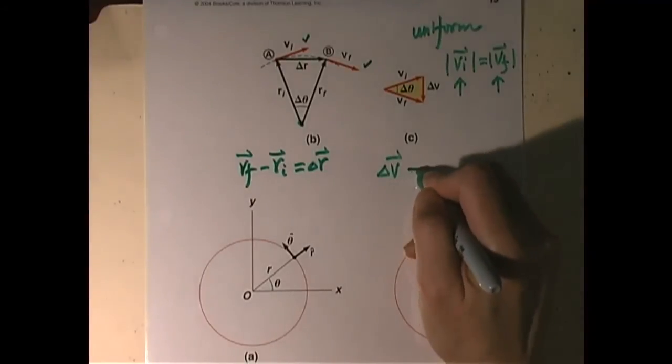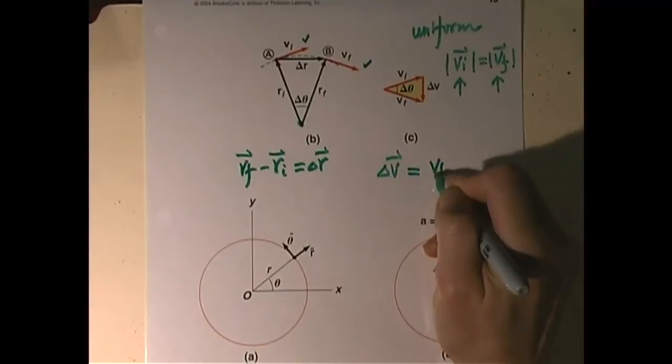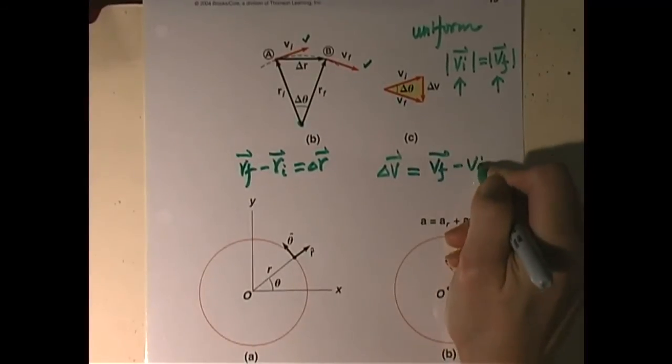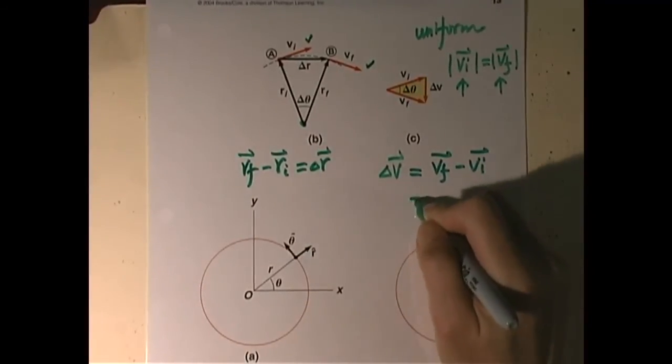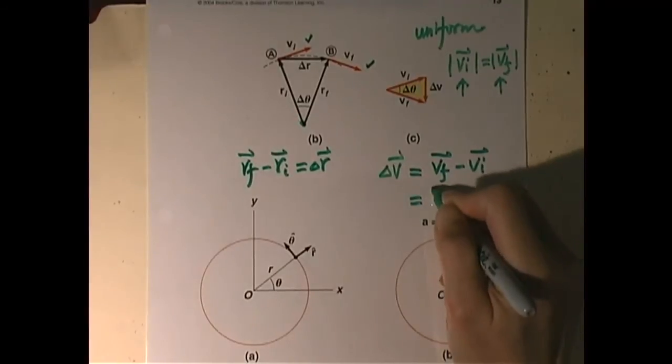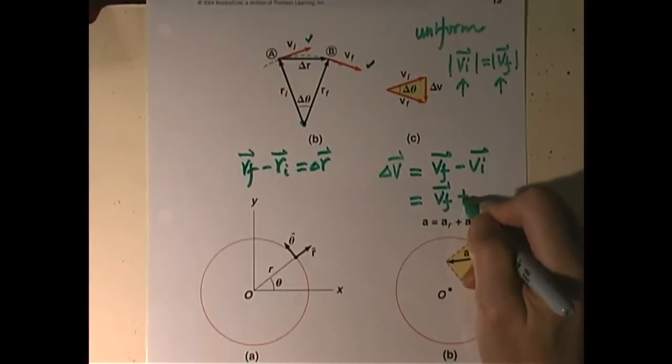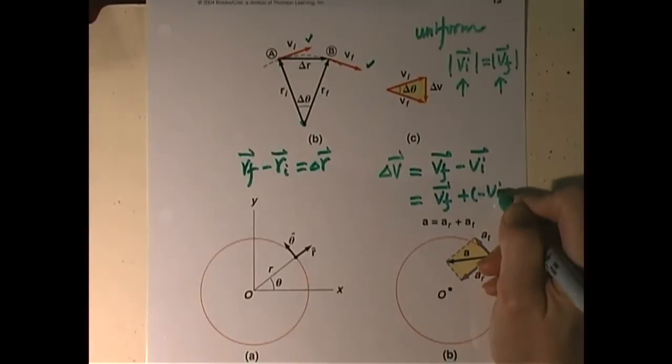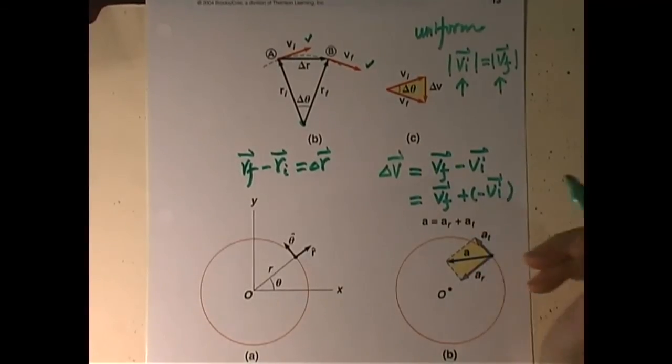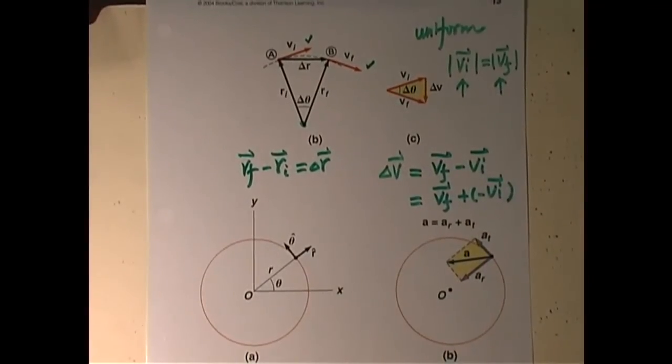It defines a change of velocity as v final minus v initial. We learned a vector minus another one is a vector plus the negative of that one. This is the same, so minus v initial is plus a negative v initial.